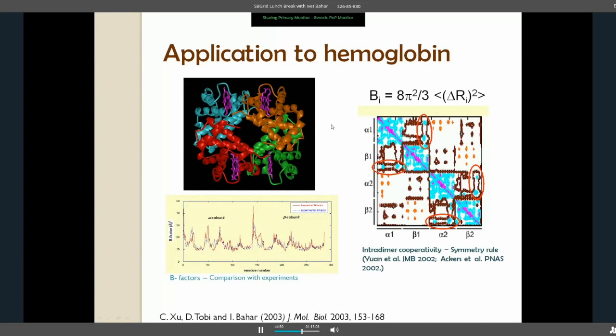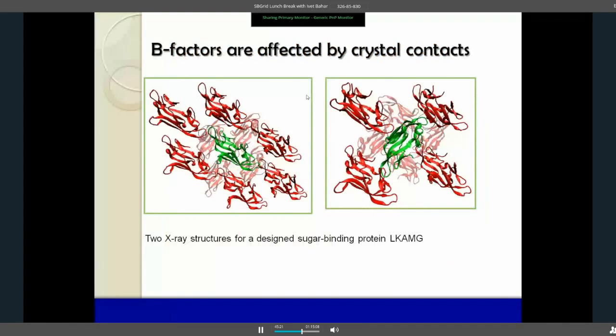Here is the application to hemoglobin, where we accounted for the fluctuations described by the B factors, or we can obtain the cross correlations between the residues. We can observe that we have a dimer of dimers structure, which is typical of the tetrameric hemoglobin.